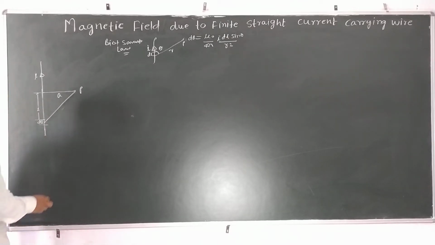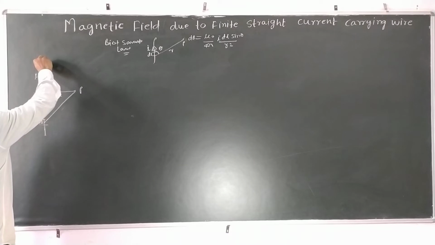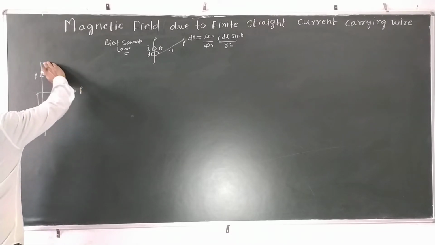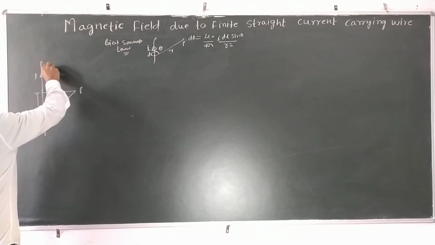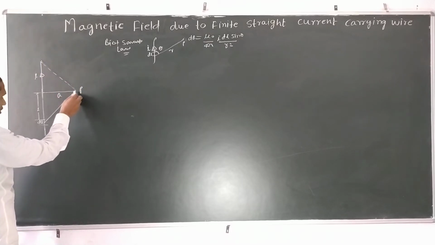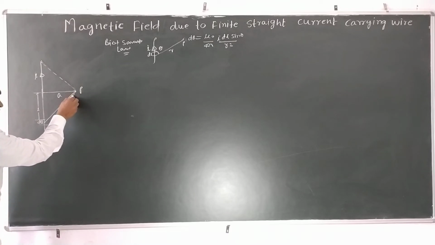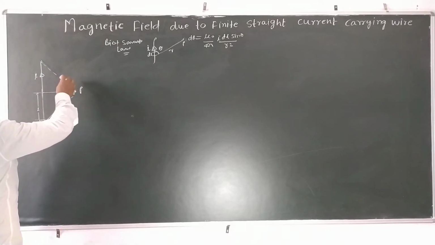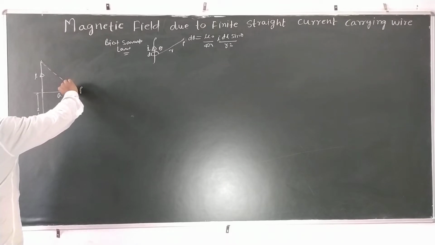Okay, so first we produce a dotted line which touches one end of the wire from this point P, and we again produce a dotted line which will touch the wire at the other end.